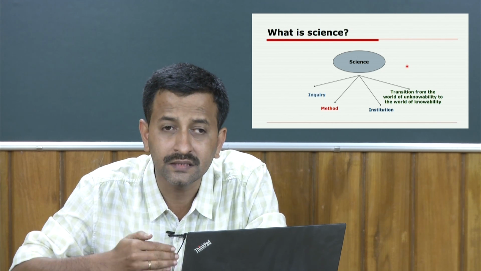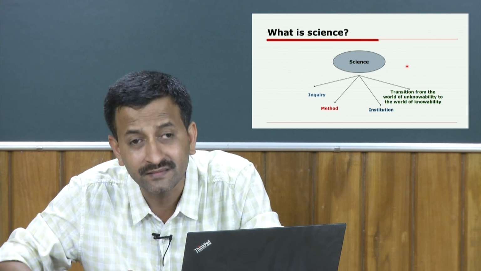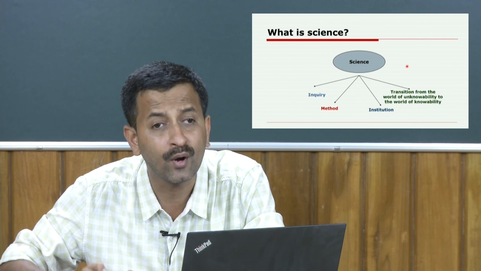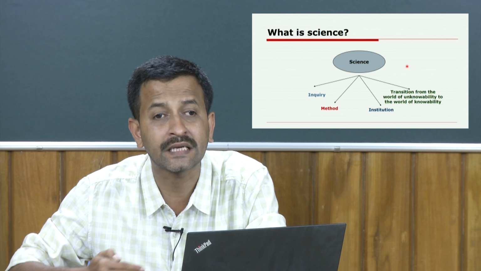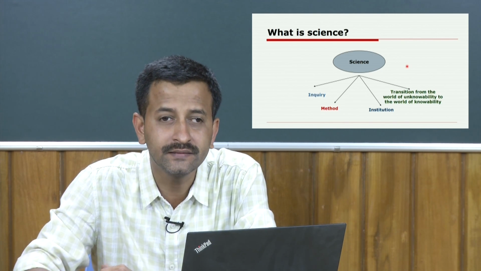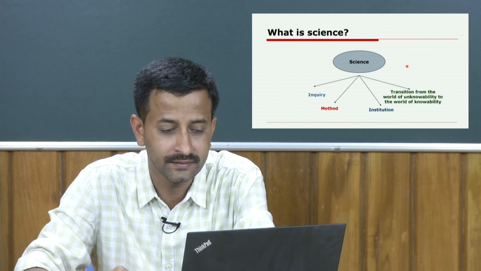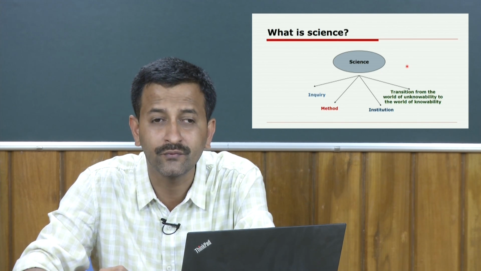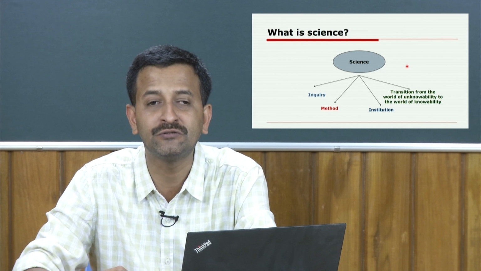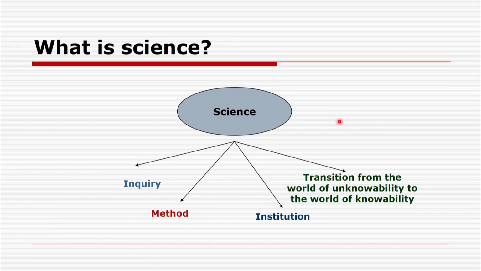After discussing science as an inquiry as well as science as a method, let us come to a point where we can say science as an institution, science as a social institution, science as a political institution.